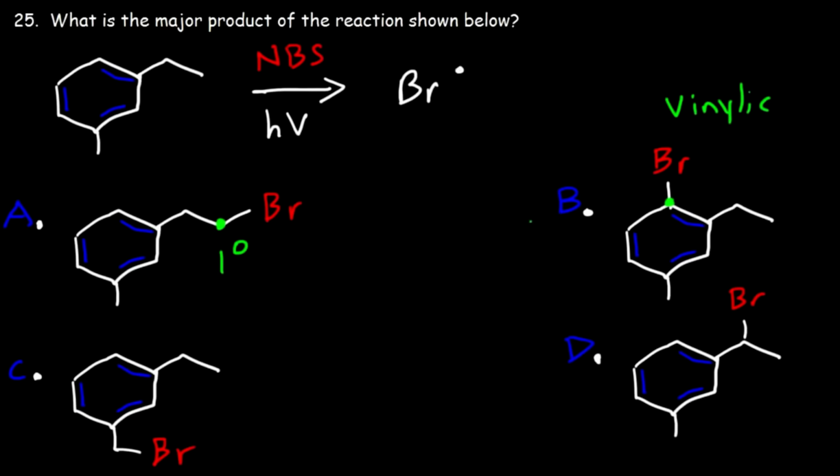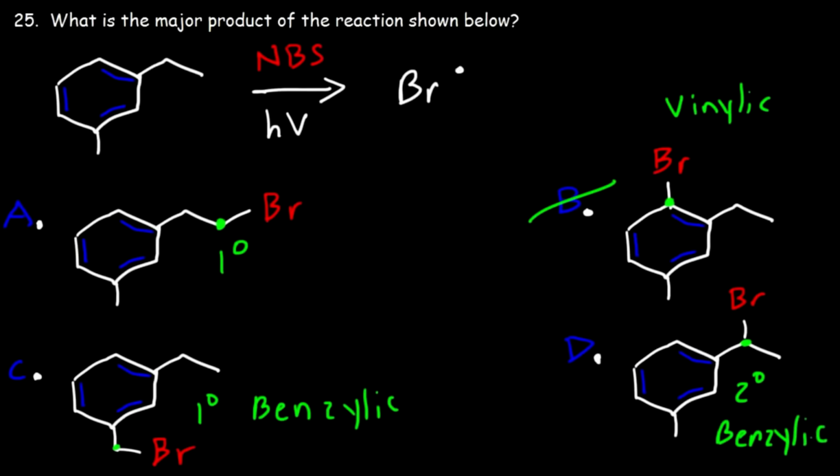Vinylic radicals are not stable, so we can eliminate answer choice B. Now, if we put it here, this is going to be a primary radical, but because it's one carbon away from the benzene ring, it's a benzylic radical, which means that it's stabilized by resonance. So C is a good answer, but if you look at D, it's a secondary radical, and because it's one carbon away from the benzene ring, it's also benzylic.